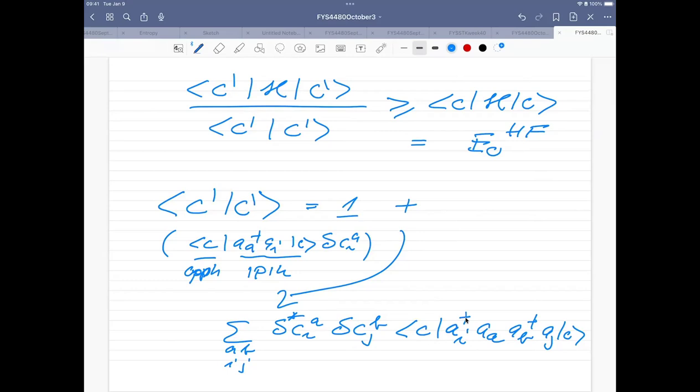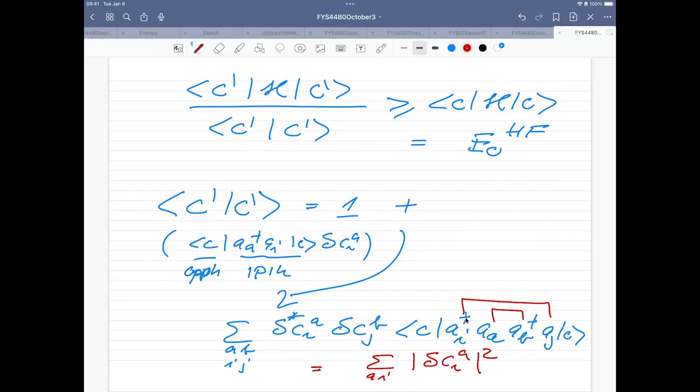The linear terms disappear because I'm trying to calculate the overlap between a 1 particle, 1 hole, and a 0 particle, 0 hole state. In this case, I create a 1 particle, 1 hole state, and then I destroy a 1 particle, 1 hole state. The contractions which survive, the only ones which are possible, are these ones. So you see that the sums are reduced to a double sum, and this term becomes simply a sum over A and I of delta C_IA squared.